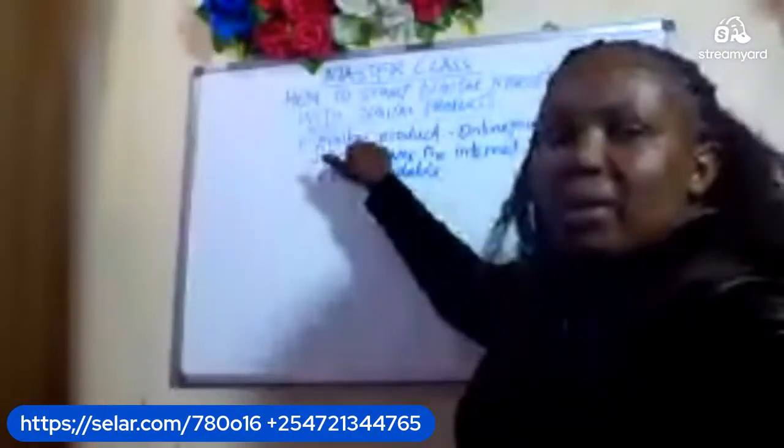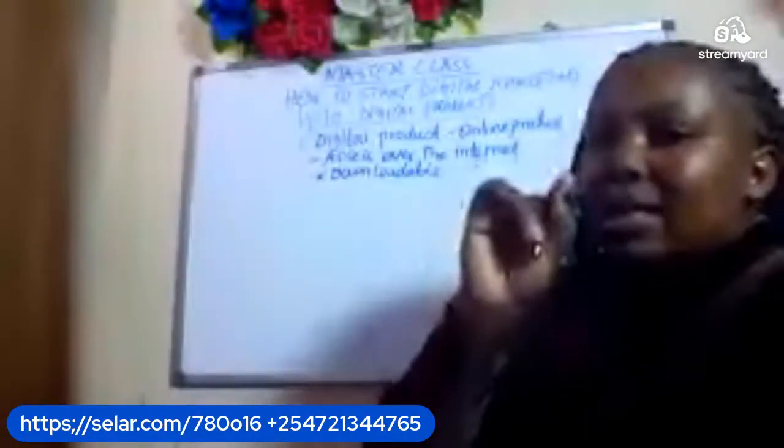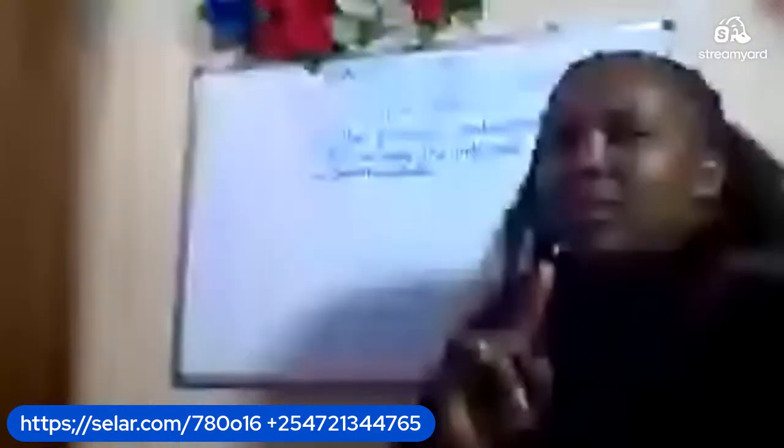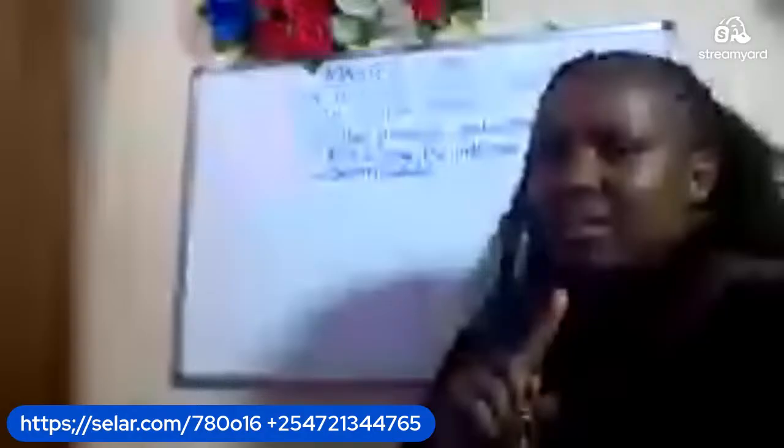So a digital product is an online product. You can access it over the internet, and you need to download it first to be able to use it. The other thing about it is you cannot touch it with your bare hands.